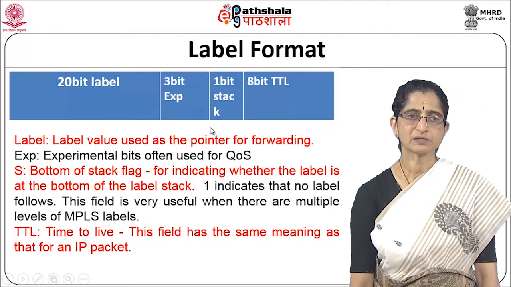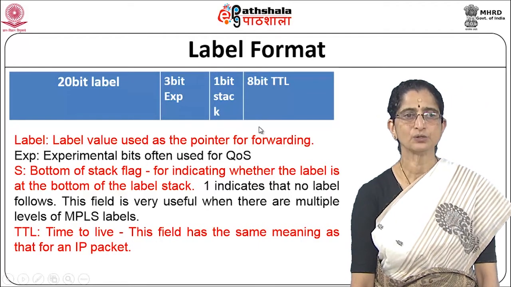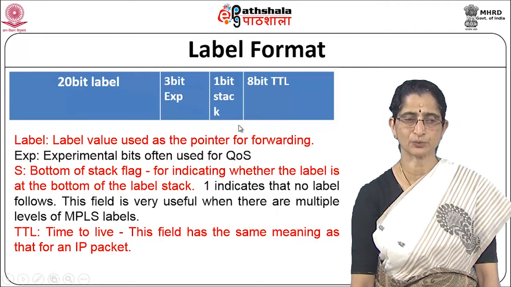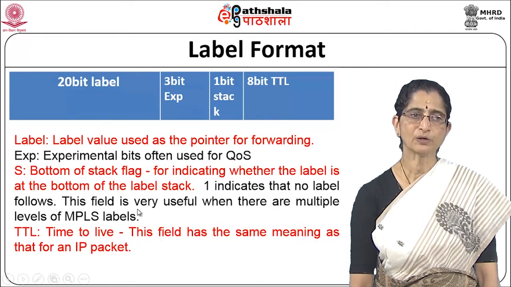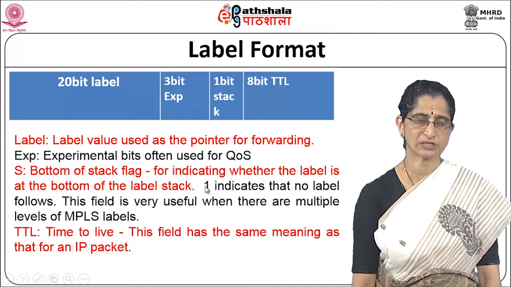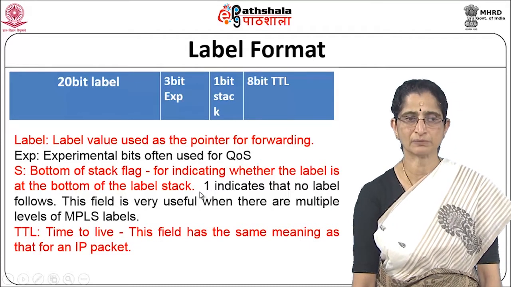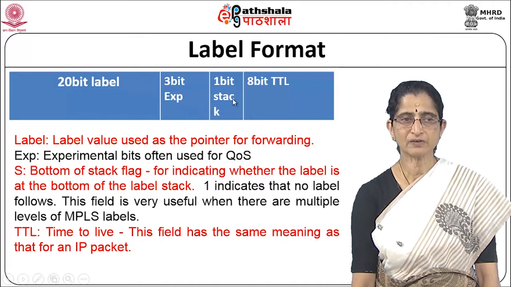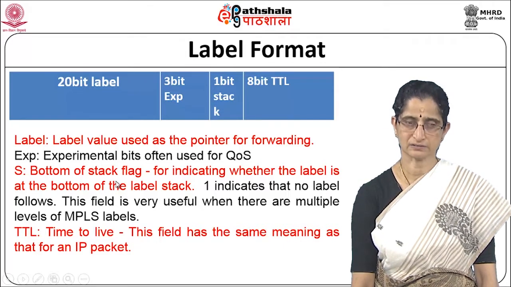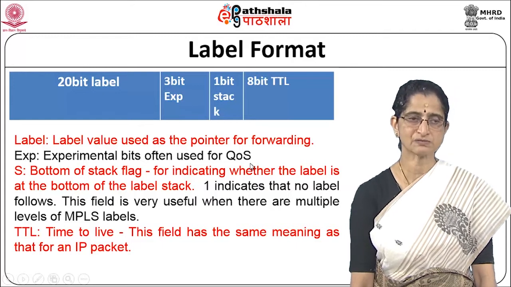That is, if it is being forwarded through multiple paths, you can actually have multiple labels added to it. But you would normally be looking at only one of those labels, right? So you need to know whether there is a stack of labels or whether there is only one label. So this bit here will tell you whether you are at the bottom of the stack or there are other labels which are sitting on top of it.